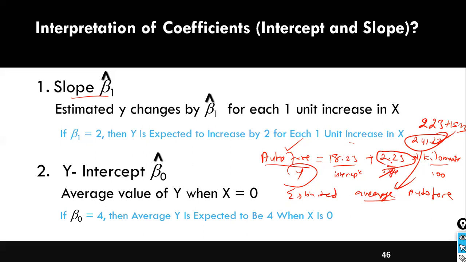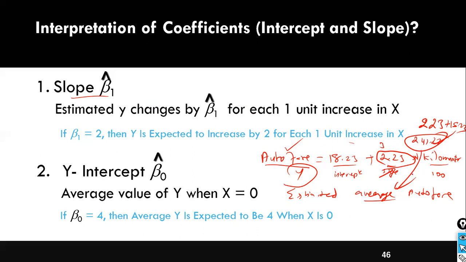Let's say the slope is 3. What is the rate of change in Y for each 1 unit increase in X? If somebody asks you, what is your answer? 3, right?